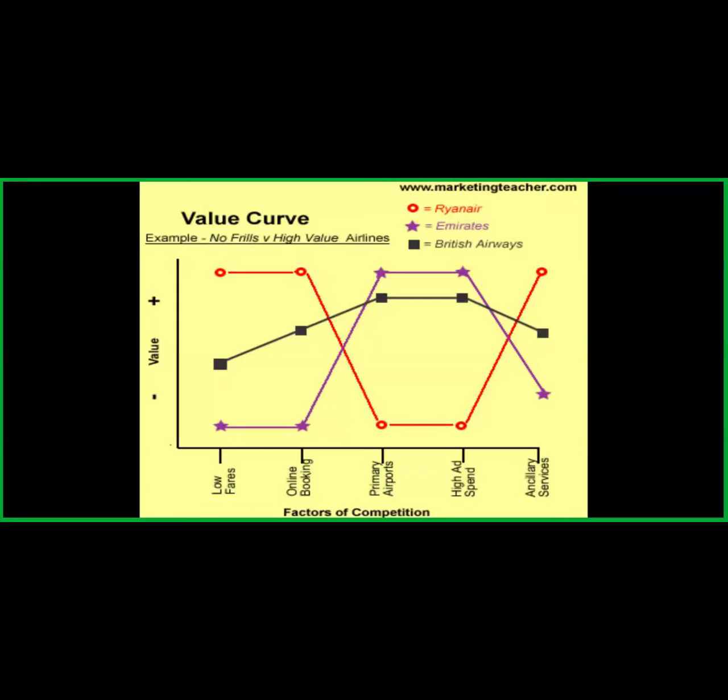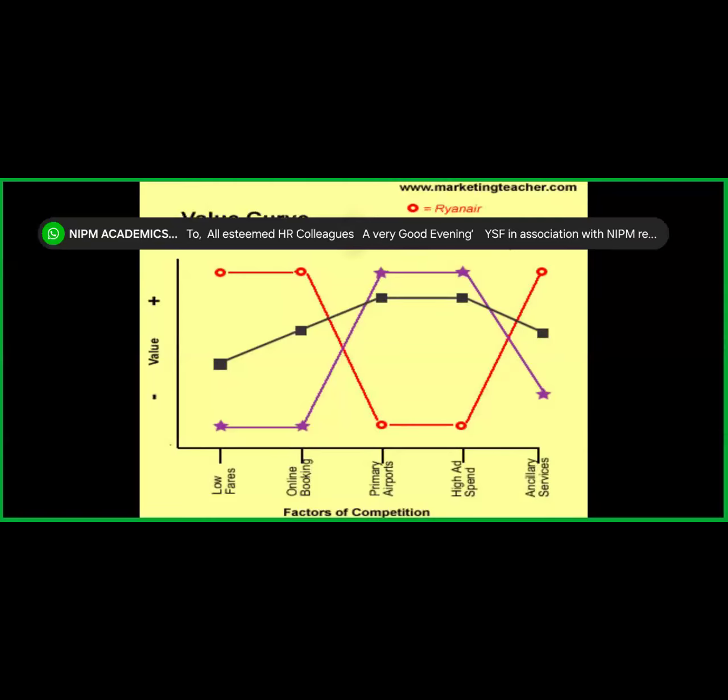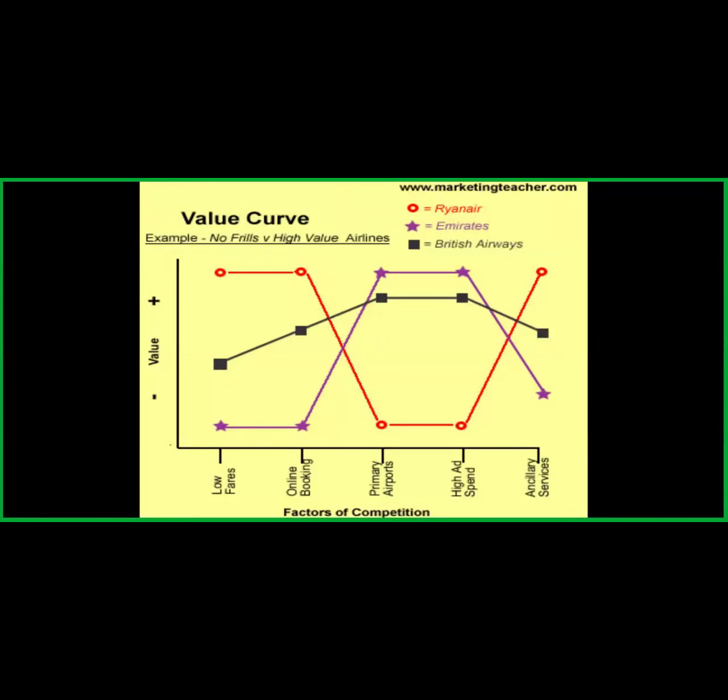It is to be decided by the organization, because every organization cannot afford or offer each and everything. One airline giving the best quality services, the best food, the best support services, while also providing the lowest fare in the market, is not possible.